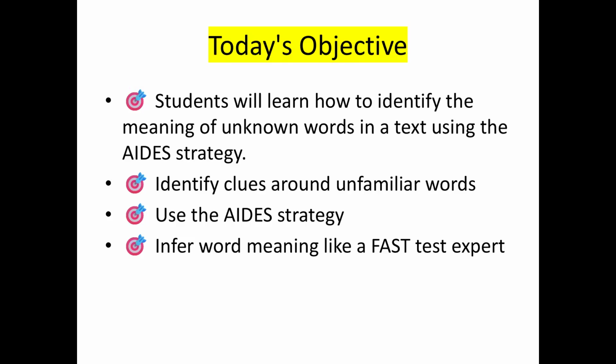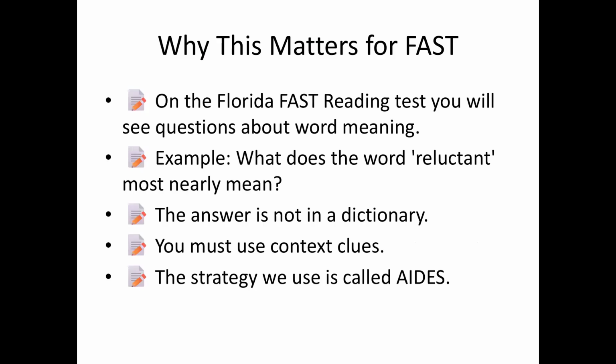Let's go to the next slide. Now, why does it matter? Why do you need to know this for the FAST test? On the FAST test, you'll see questions like, what does the word reluctant most nearly mean? And you're like, Miss D, I don't know.